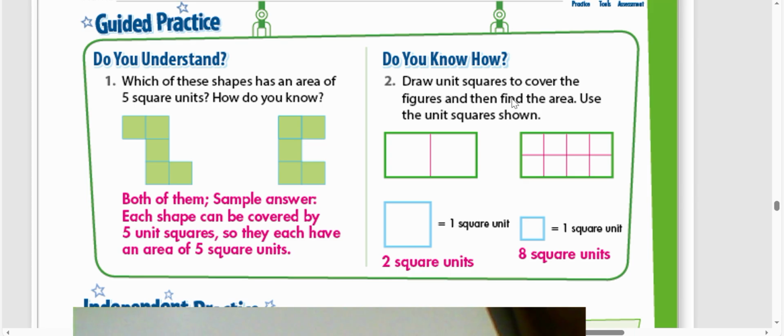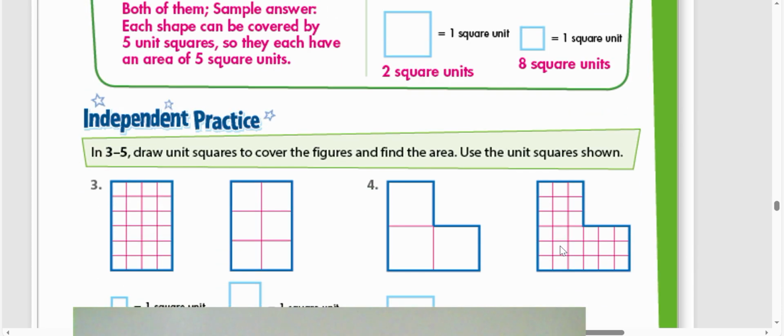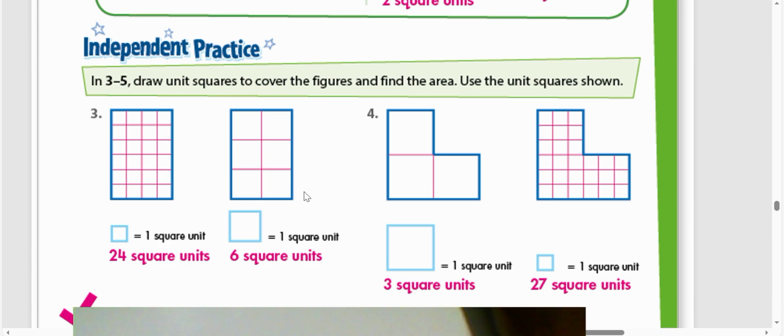Use unit squares to cover figures and then find the area. These are unit squares shown. We have here 1, 2 square units up, and here we can count square units of the different units. Next, you can also count how many squares here: 1, 2, 3, 4, 5, 6. 6 times 4 is 24. And here we have 6 square units.